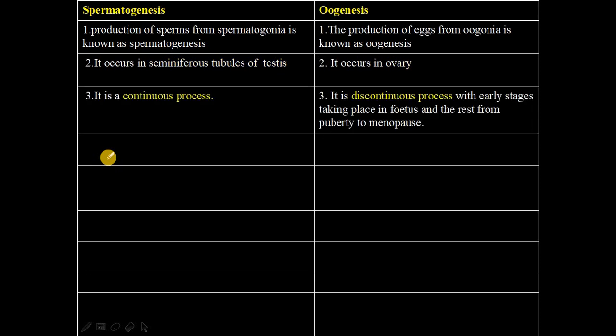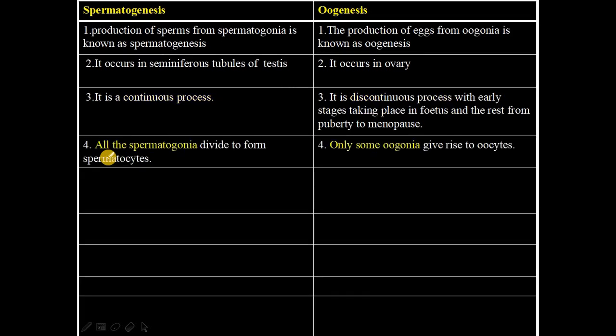The third difference is that spermatogenesis is a continuous process, whereas oogenesis, as we already discussed, is a discontinuous process. It starts at fetal life, then resumes at puberty. So in between, the process is frozen or in the resting phase.